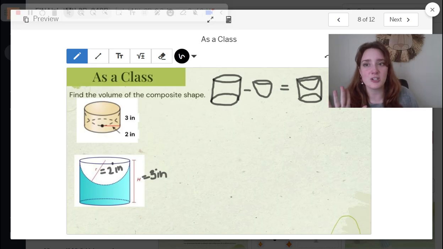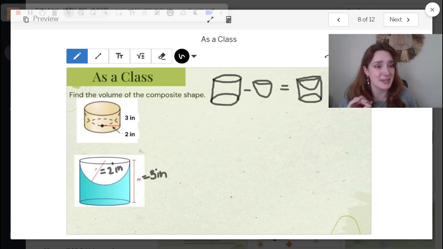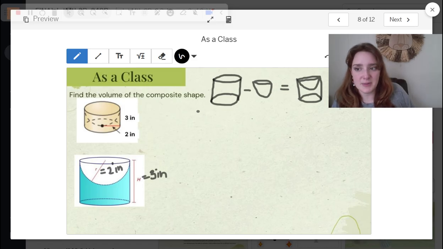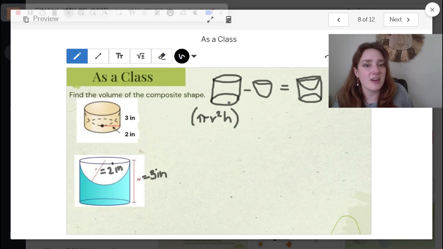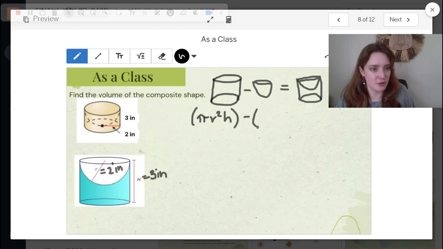So we are talking about the cylinder. It might be helpful if we have the formula. This is a recording, so I don't have my notes with me, so I'm going to pull it up. The volume of a cylinder is pi r squared times the height, base area times the height, minus the hemisphere volume.